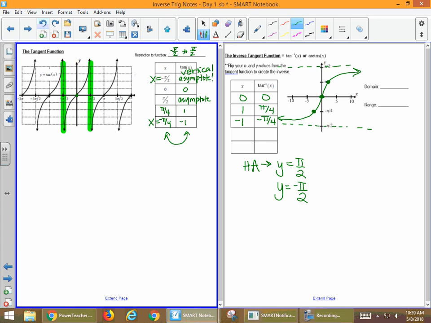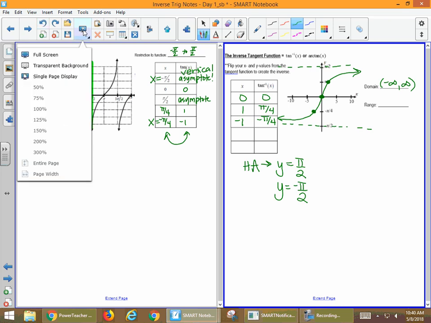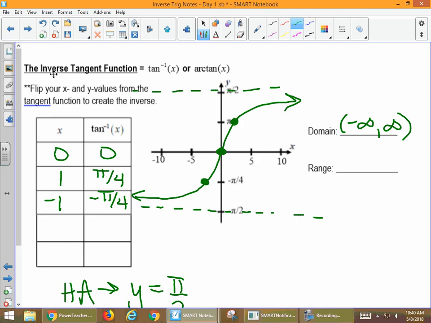Domain here is all reals. Our range for tangent was all reals, right? So our domain is all reals. What's the range going to be? What y values are we using? Yeah, negative pi over 2 to pi over 2, but we're not really using negative pi over 2 and pi over 2.